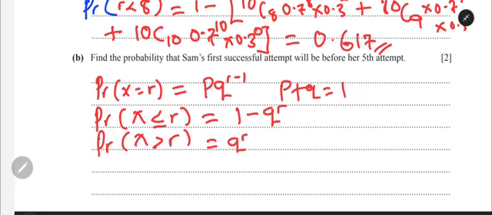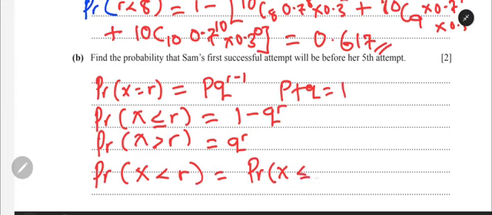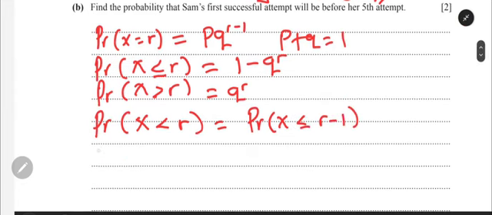Now since we are looking for the first success before the fifth attempt, that is the probability of x less than r. We can rewrite this as the probability of x less than or equals to r minus 1. Here r is 5, so this will be the probability of x less than or equals to 4.